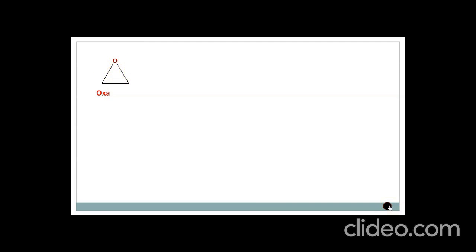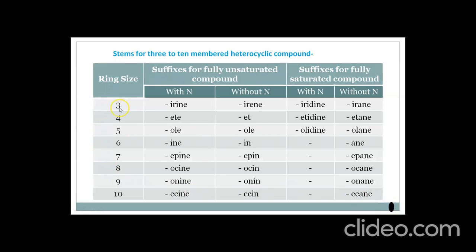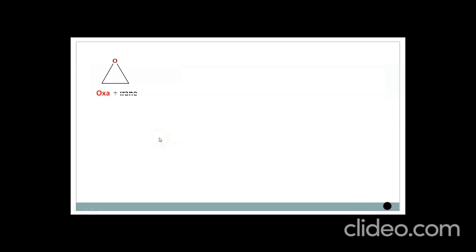So which stem do we use? Look here, it is a 3-member ring, ring size is 3, completely saturated and without nitrogen. So we use the stem irane. So just give it oxa plus irane. So the name of this heterocyclic ring is oxirane.